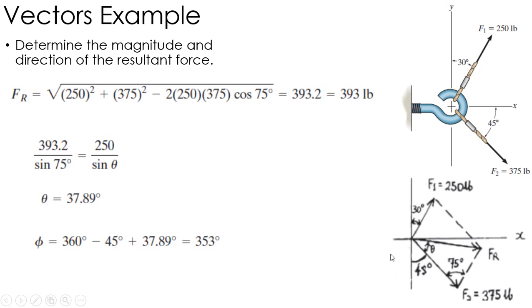So it's going to be basically 270 plus 45 plus theta, or as they have it here, 360 minus 45, like that. The other way I could think about this is as a minus 7 degrees. So either angle will be fine. It just depends on how you're defining it.